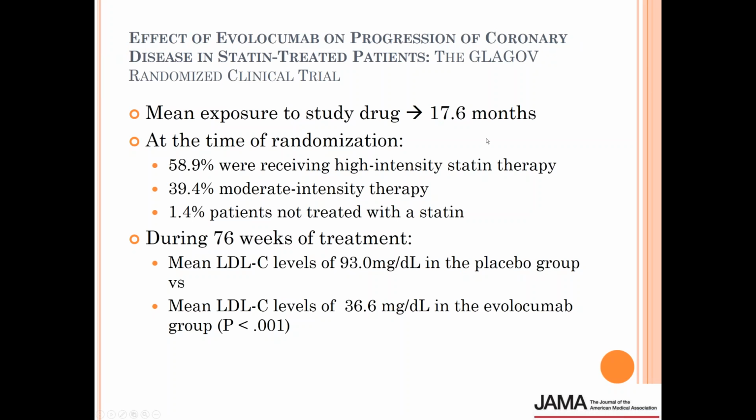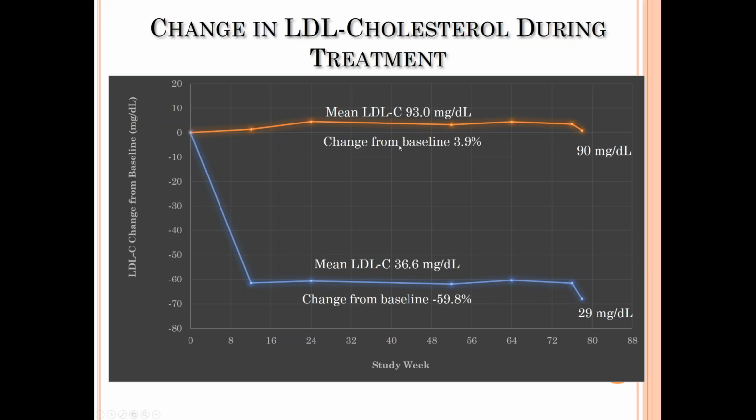So mean exposure to evolocumab in these patients was around 18 months, and at the time of randomization, 58% were already receiving high-intensity statin therapy. During the 76-week treatment, the mean LDL in the statin group was 93 versus the evolocumab group, where the mean LDL was 36. And this graph demonstrates that.